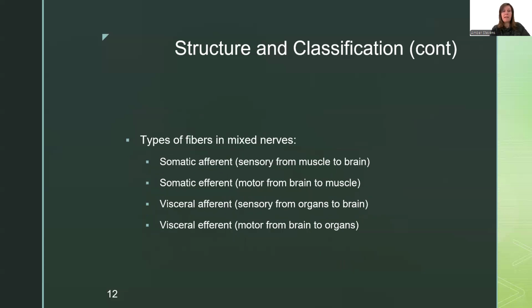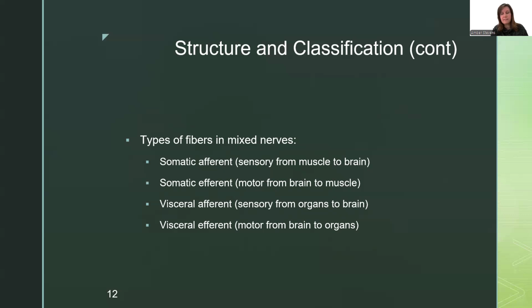So the types of fibers in the mixed nerves, right? You have somatic afferent, which is sensory from the muscle to the brain, and somatic efferent, which is motor from the brain to the muscles.